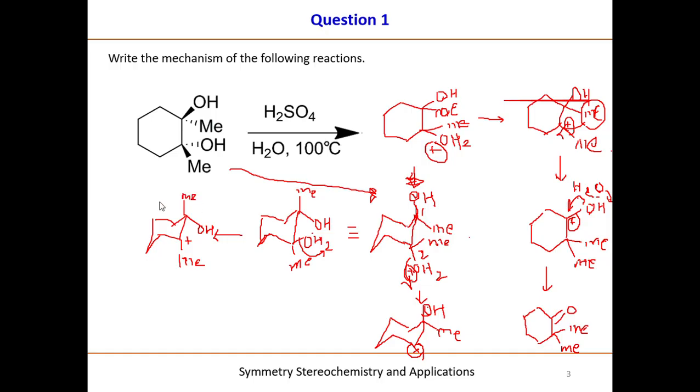So here you can see that trans to this hydroxy group, this hydroxy group is getting eliminated and carbocation formation is taking place. So this group can also migrate here. When this group migrates over this carbon atom, what will happen? 5-member ring formation will take place.